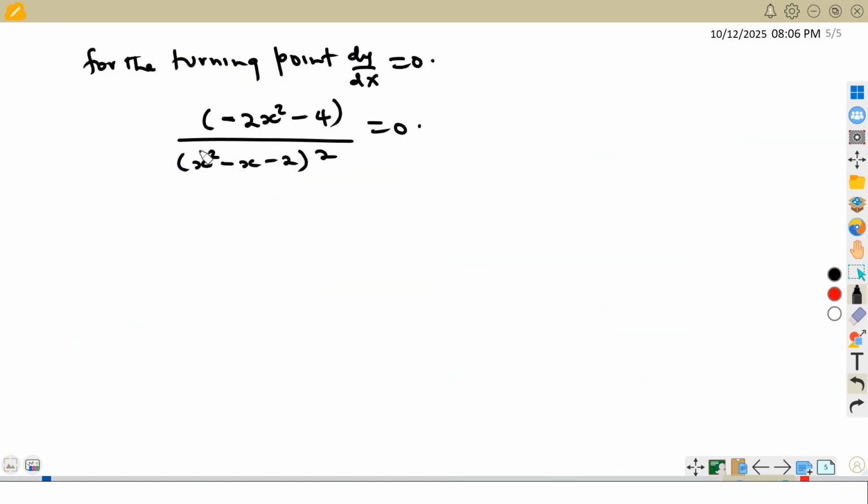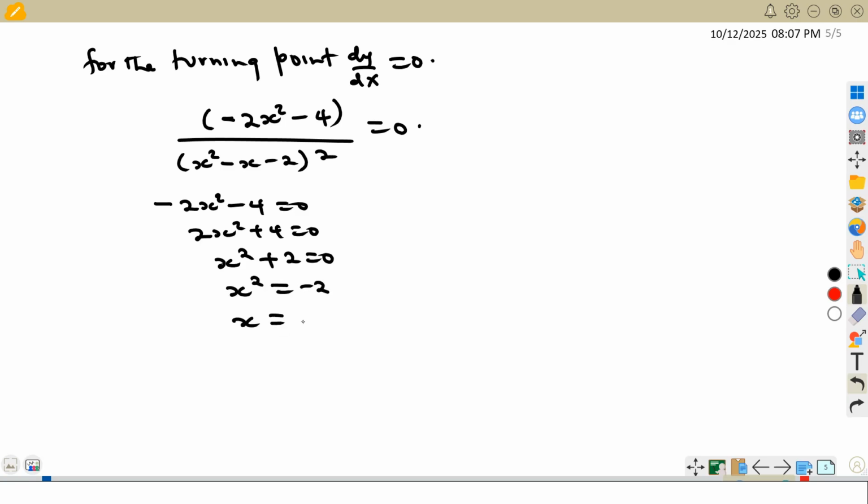From this, we shall have minus 2x squared minus 4 equal to 0. So 2x squared plus 4 is equal to 0, and this will give us x squared plus 2 equal to 0. So x squared will be equal to minus 2.